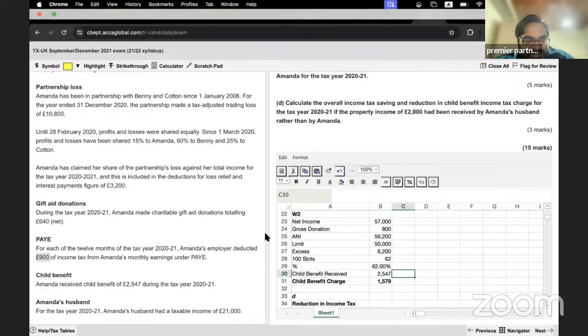Are we okay? The same formula you can use. In Excel also, if you want to round off, we use the round formula.